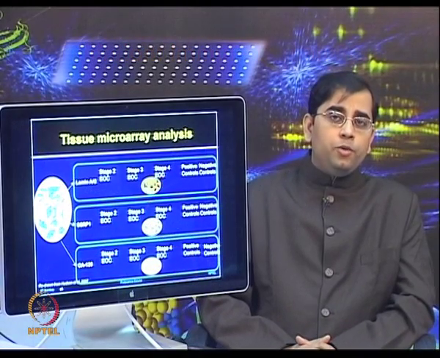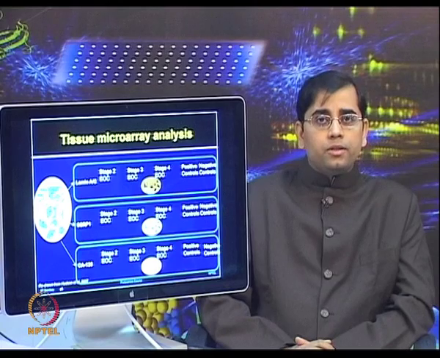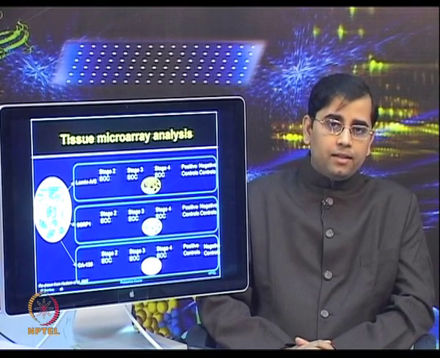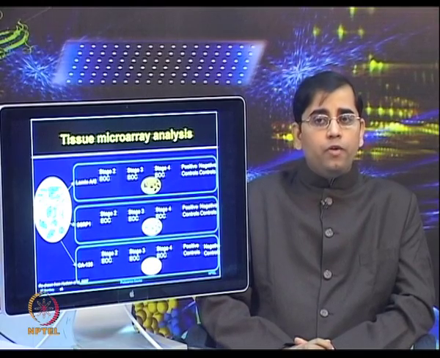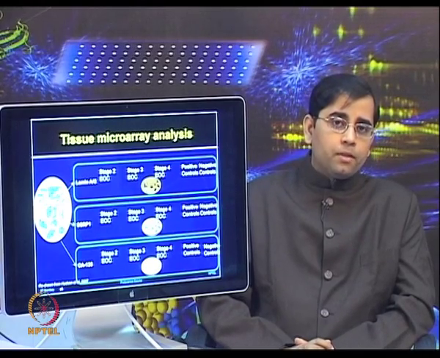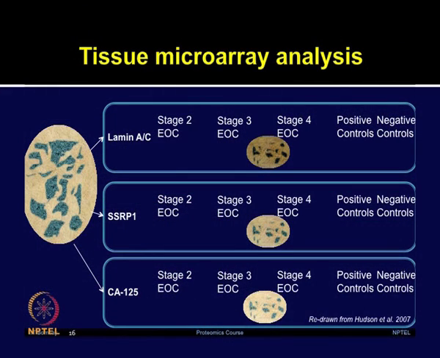Now, further to the Immunoblot assays, the authors also used tissue microarray based analysis. So, the tissue microarray analysis of different stages of ovarian tumor tissue was performed. These microarrays containing the representative tissues from various stages of ovarian cancer, such as stage 2, stage 3 and stage 4 tumors, were probed for lamin A or C, SSRP1 and cancer antigen 125.